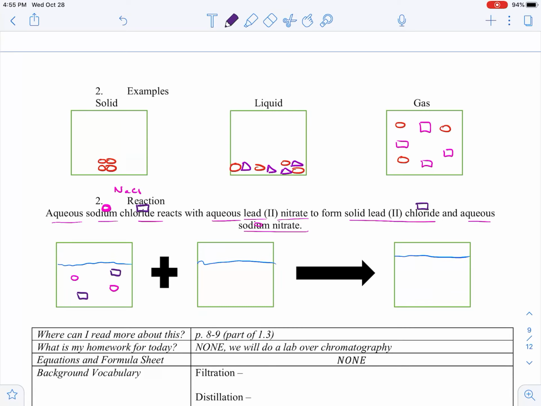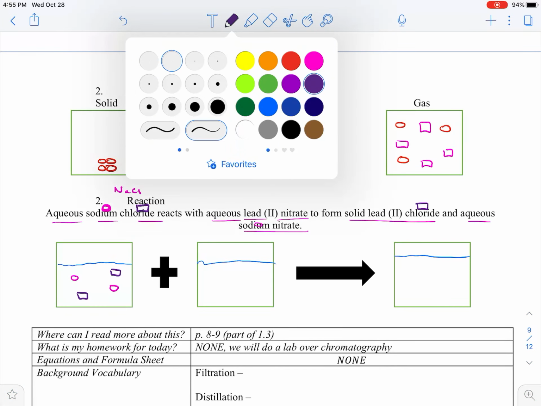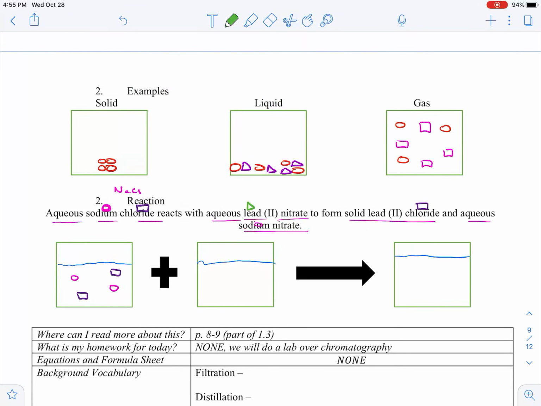Hopefully we're all with me so far. Now let's move to lead nitrate. Let's represent lead with green, and let's go a triangle for our lead here. Lead nitrate, just to review, is Pb(NO3)2, so for every Pb I have, I need 2 nitrates. To keep this from getting too crazy, I'm just going to put 1 triangle in there. Since it's aqueous, it breaks into ions, so it's going to be separated from my nitrate.